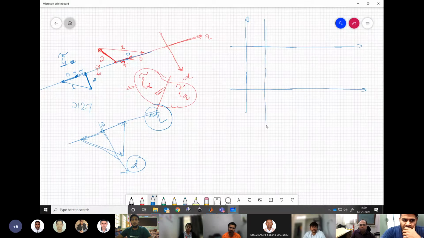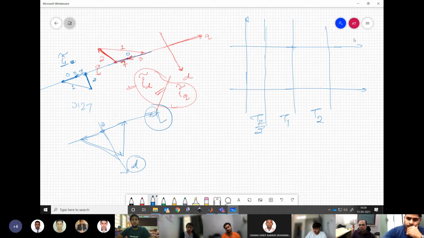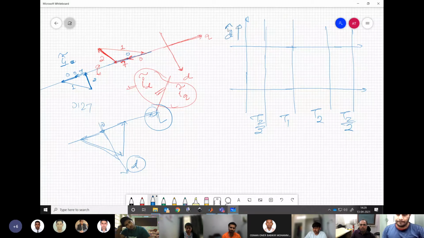So we have 4 intervals: Tz by 2, T1, T2, and again Tz by 2. This is simple. Let's say this is the D axis, so ID ripple, and this is the Q axis, so IQ ripple. This is the 0 value. Now you see carefully. This is your Q axis. So when you are starting, the ripple is moving along the Q axis.